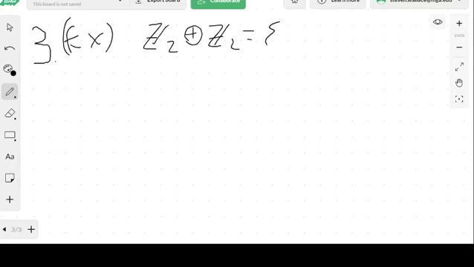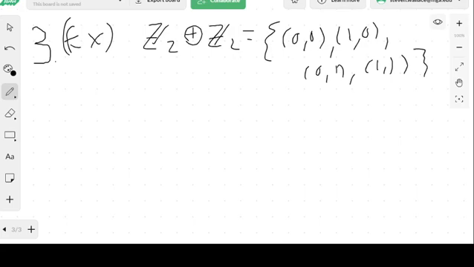I've actually used this notation before, but this is the set of all ordered pairs where the entries are from 0 and 1. And the operation is addition modulo 2. You can easily see that it's closed and associative and satisfies all that stuff. We know this is a group, okay?